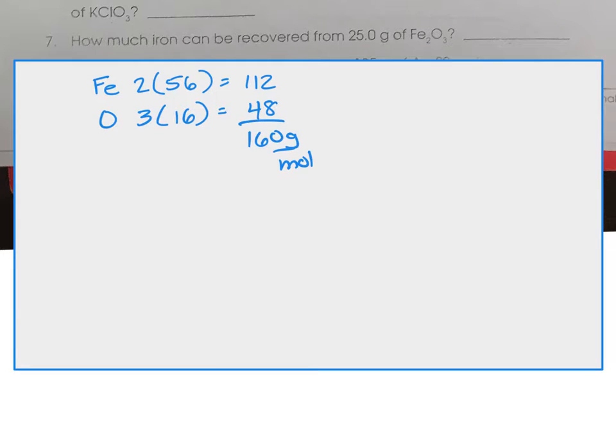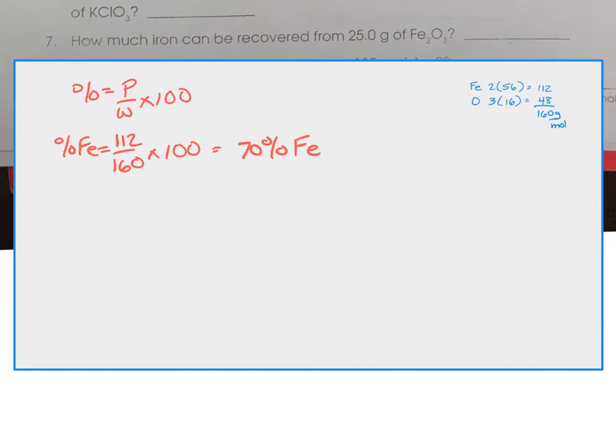Alright, just like all the other problems, I started with just simply taking a gram formula mass for the formula because we're going to need that. Alright, in this case, all I had to do was find out the percent of iron because the question is asking about iron. And I calculated that the percent of iron is 70%.